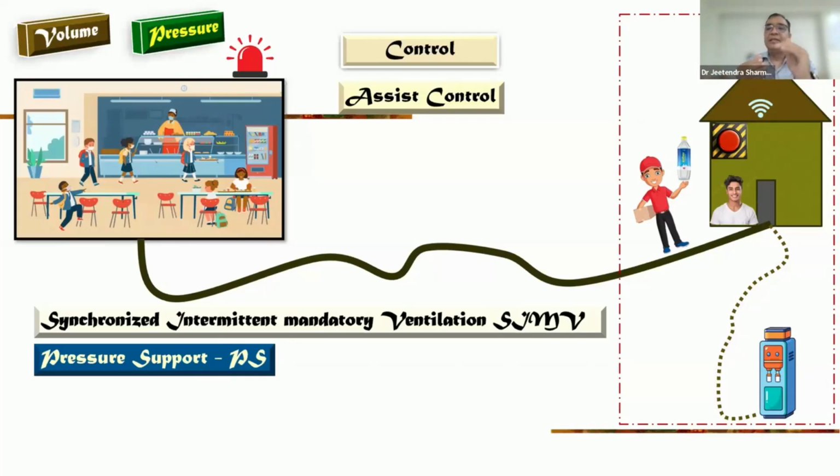Similarly, SIMV can be volume preset or pressure preset, but they themselves can be flow triggered or patient pressure triggered. And time trigger is also there in SIMV, so SIMV has 3 options. Pressure support has no time trigger, but either pressure trigger or flow trigger. Okay, so this was the triggering.